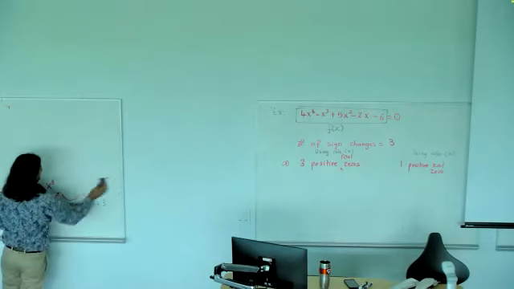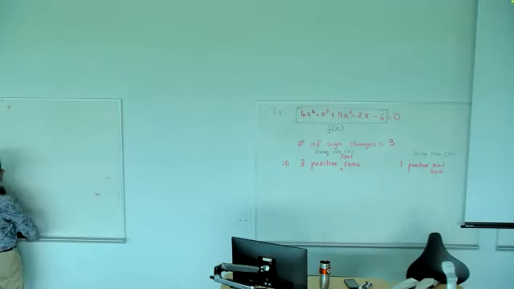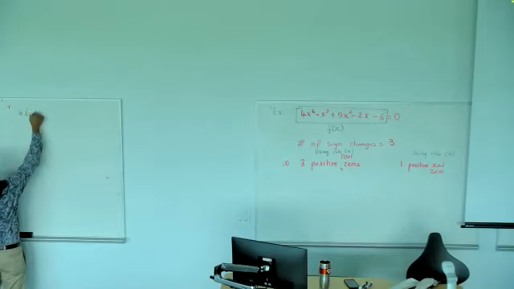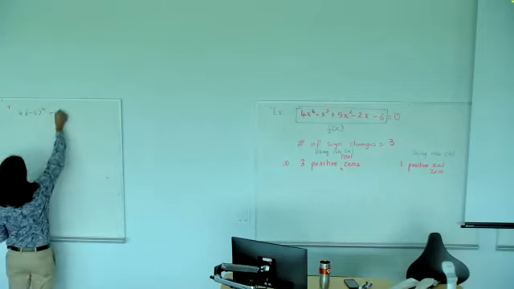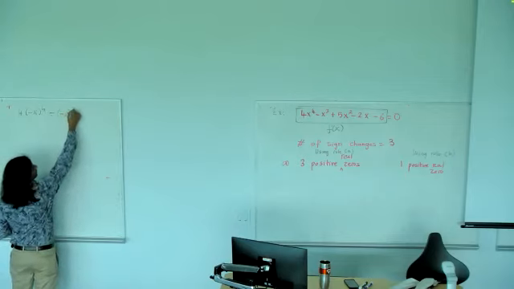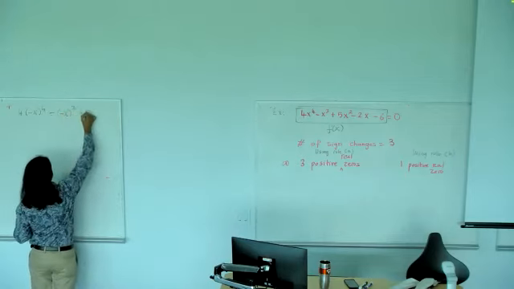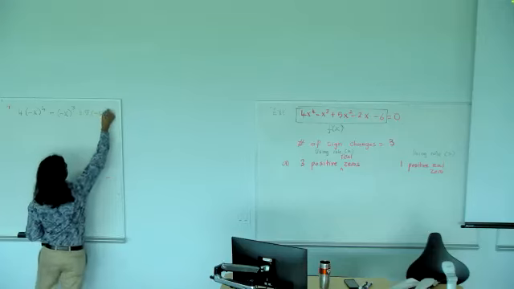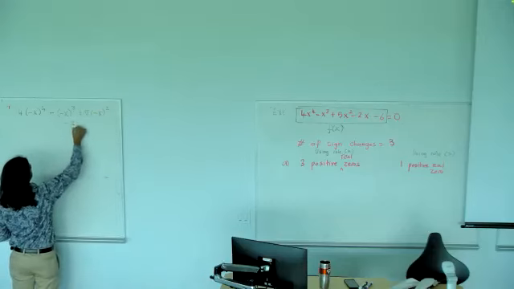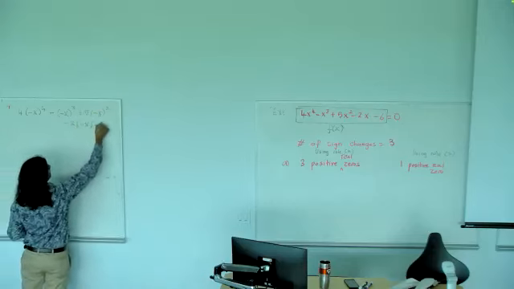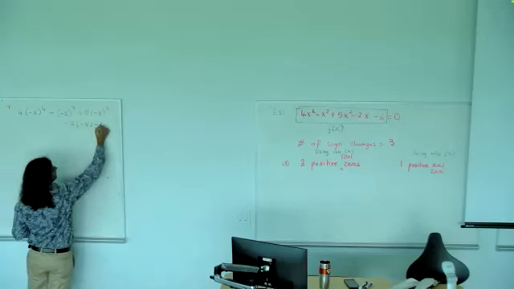Parentheses. Full negative x raised 4, negative x cubed plus 5 times negative x squared minus 2 times negative x minus 6 equals 0. Good.